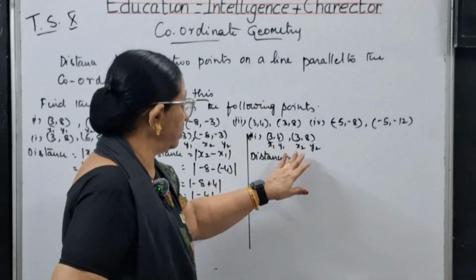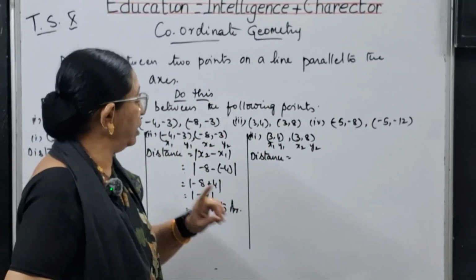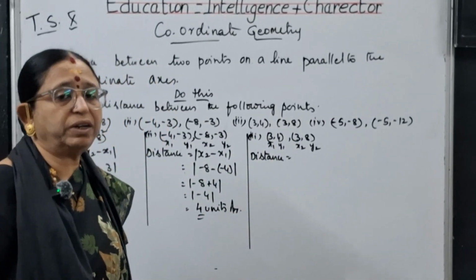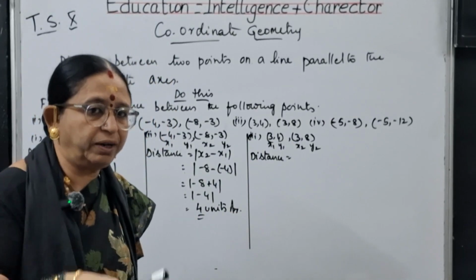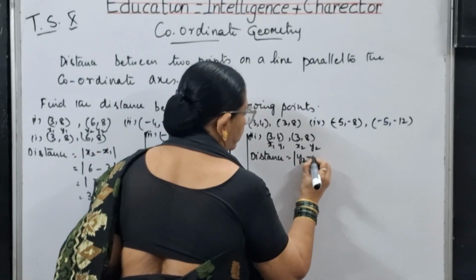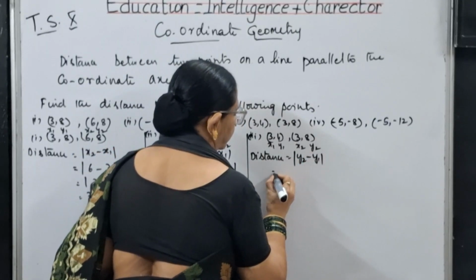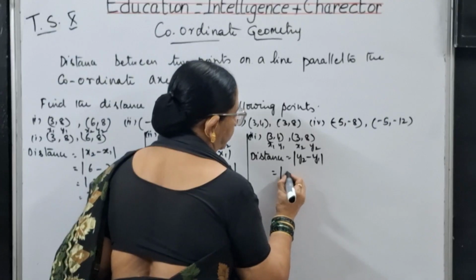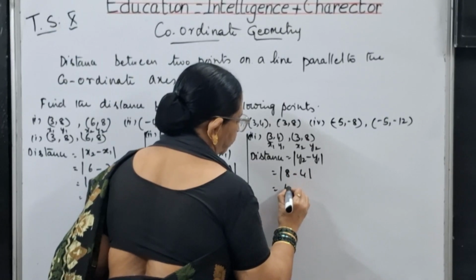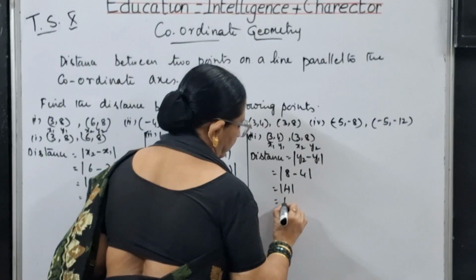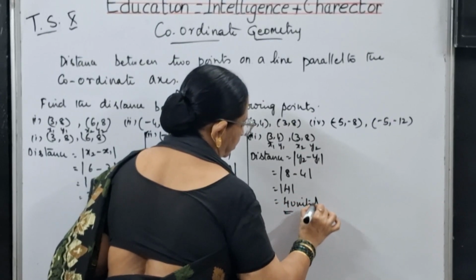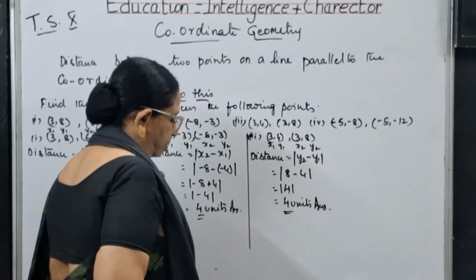In this case, you see children, in all the earlier cases the y coordinates are the same, but here the x coordinates are the same. If the x coordinates are the same, the line is parallel to the y axis. So the formula is modulus y2 minus y1. So this is modulus y2 is 8 minus y1 is 4, that is 4. Modulus 4, that is 4 units is the answer for this third bit, children.